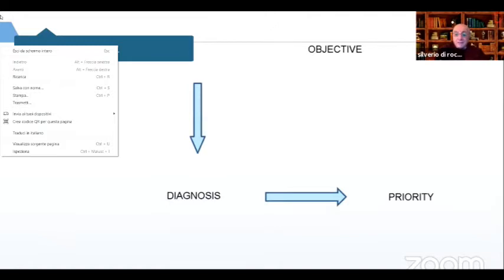In M.P.R., we know very well that we have a lot of interferences in our body which are disturbing our posture. And the objective is to do the diagnosis of these interferences, to annul them, to allow us to have a good rehabilitation. That is the priority. And we have a lot of interferences. The diagnosis is focused on finding the interferences, to annul them, to have a good rehabilitation.